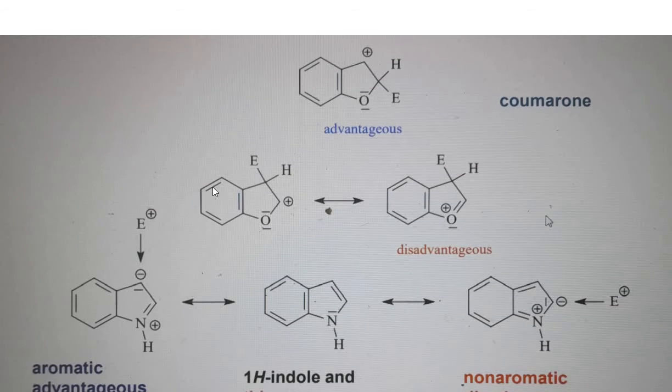Now coumarones: you can see this is advantageous here, and this structure is disadvantageous. This is the resonating form.